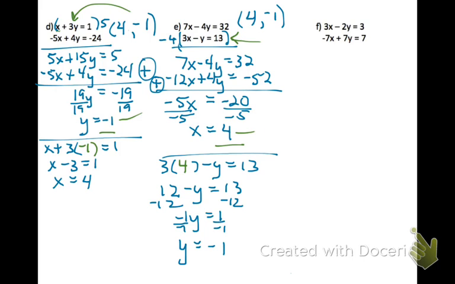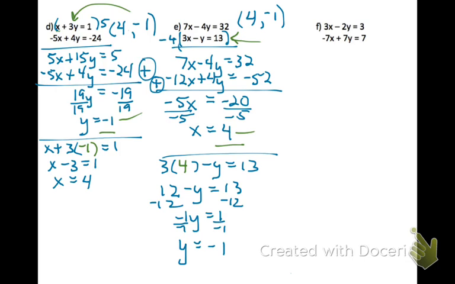So we're getting ready to eliminate. We look at our x's, we've got 3x and 7. We look at our y's, we have 2 and 7. So I'm going to need to multiply both equations by something to get these numbers to be opposites. So I think I'm going to focus on the y's, because if I multiply, I think of 2 and 7, and they have a common multiple of 14.